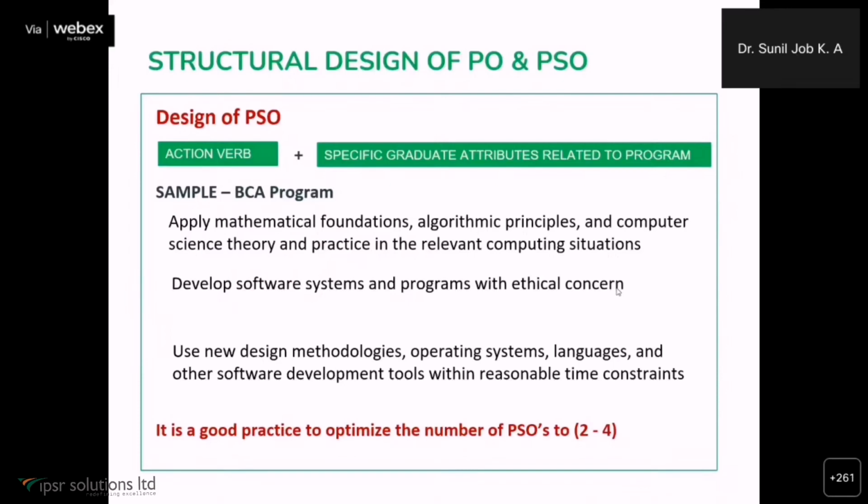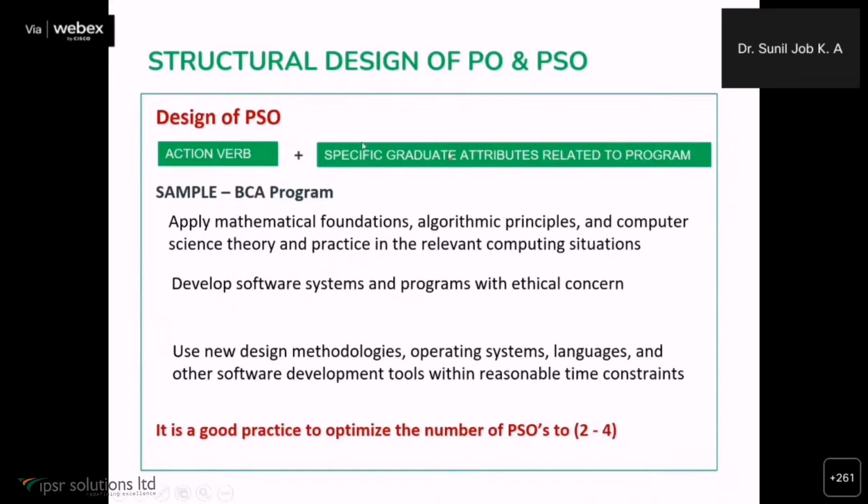So the students have to accommodate and use the latest, current things, within a reasonable time constraint, because the technology that has come today will be updated within a year or so. So these things have to be accommodated into their workspace within a reasonable constraint. That also has to be incorporated into the outcome.